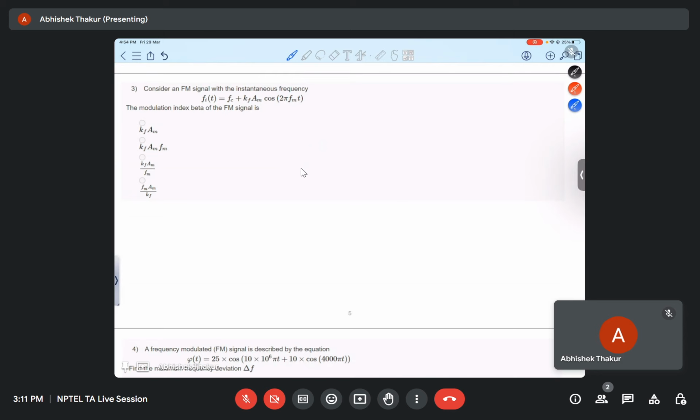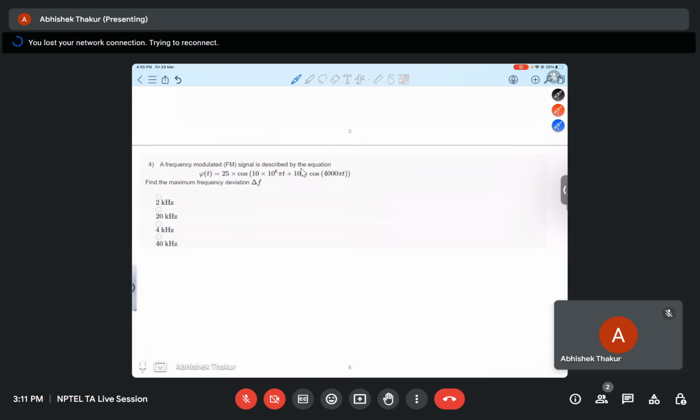So the modulation index beta of the FM signal is equal to kf Am divided by fm. For this question, the correct answer is option C, that is kf Am by fm.